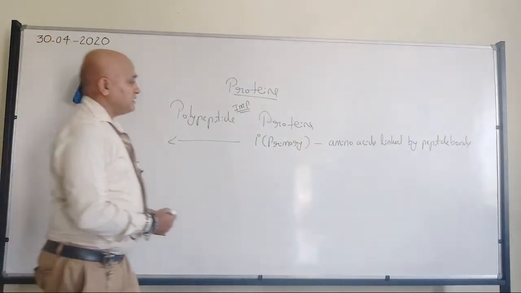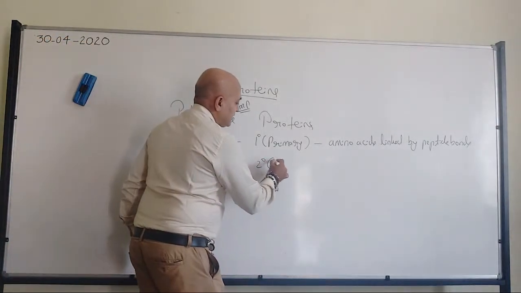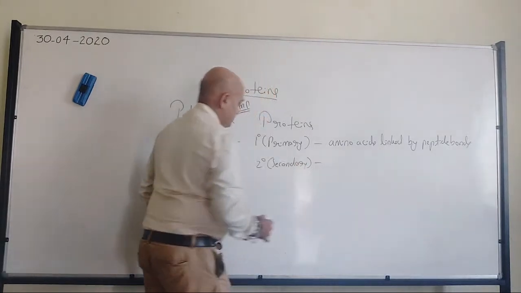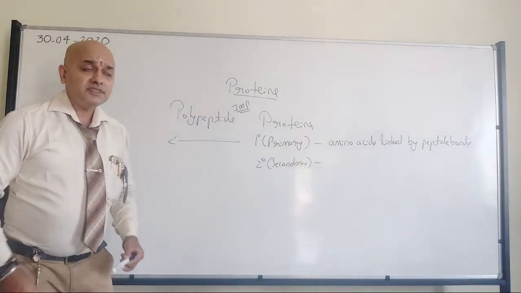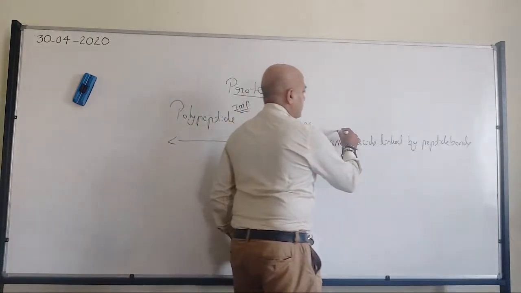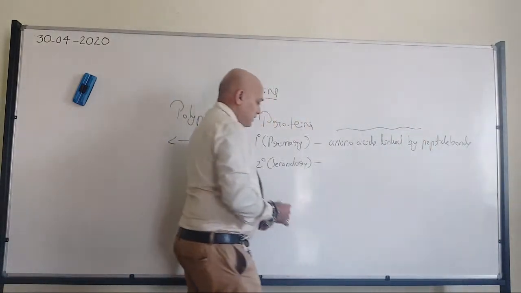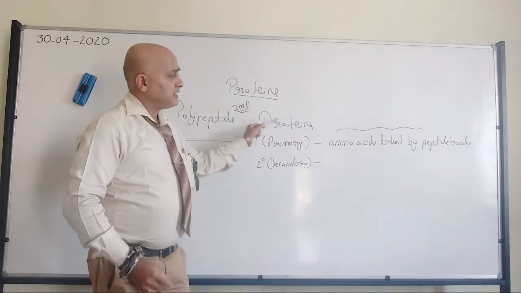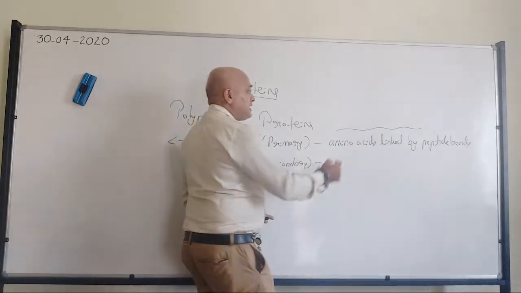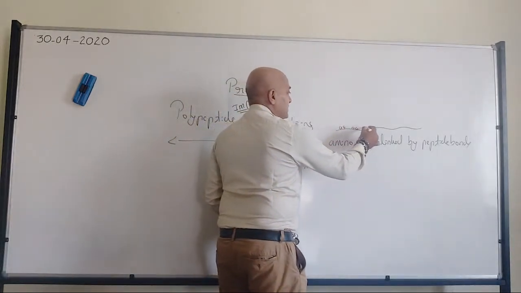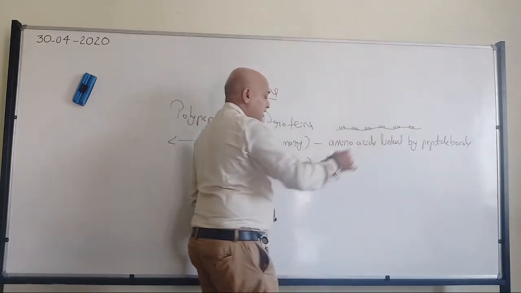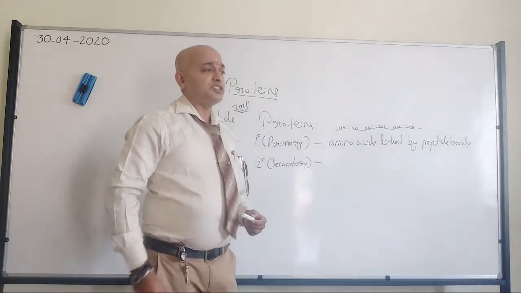Now the second one will be the secondary structure. In the case of the secondary structure, for example, this is a polypeptide chain or the primary structure of a protein. It is present like that. But when it comes to the secondary structure, whatever amino acids are present here will start interacting with each other.